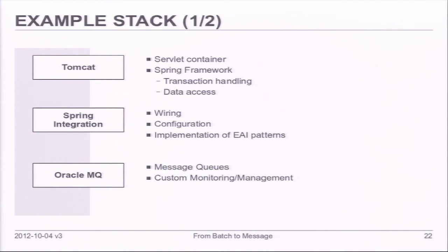So this example stack is made of Apache Tomcat as a servlet container. So this is basically a mid-range runtime. It's not as lean as Java SE, but it provides endpoints for HTTP. So if you have to handle HTTP requests that are coming in, or have to offer REST services, then usually you will go with a servlet container.